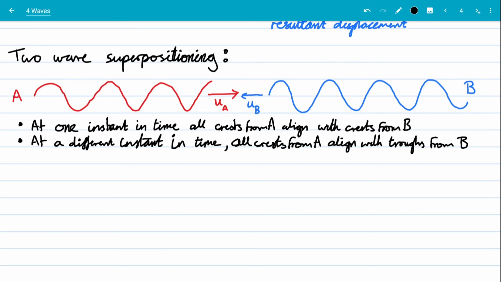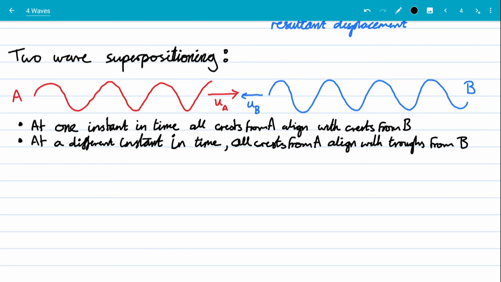But, interestingly, there are other points in space, exactly halfway between those places where you get super troughs and super crests, where the displacement from A is always in the opposite direction to the displacement of B. It's just the way it works. Now, I can run various simulations to show you this. I don't really want to, because I want this to be no nonsense.